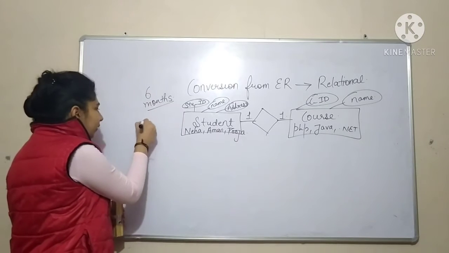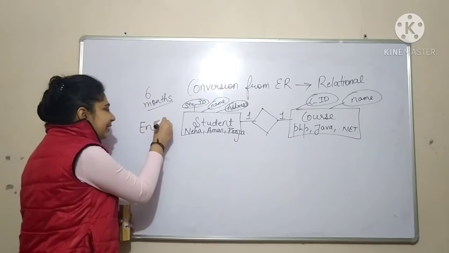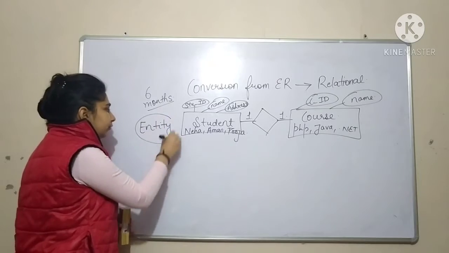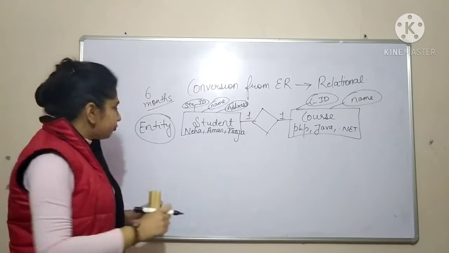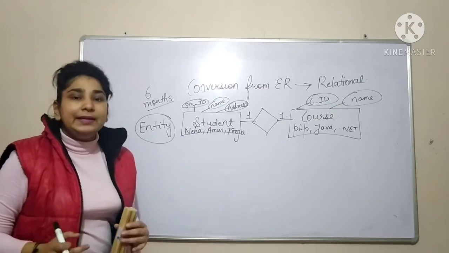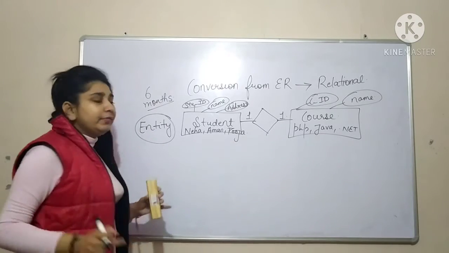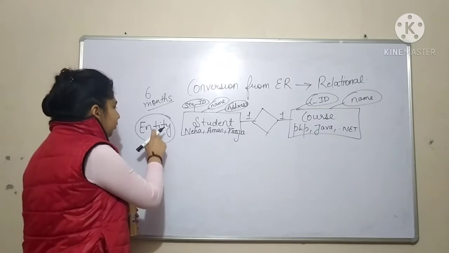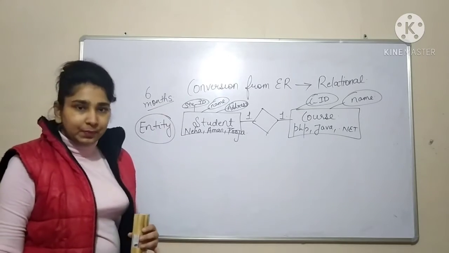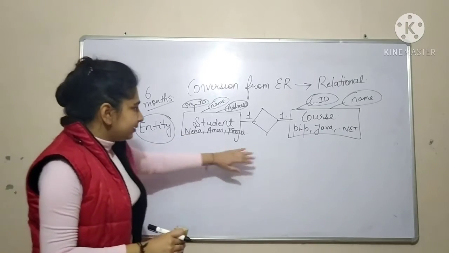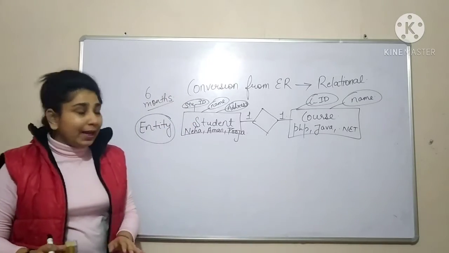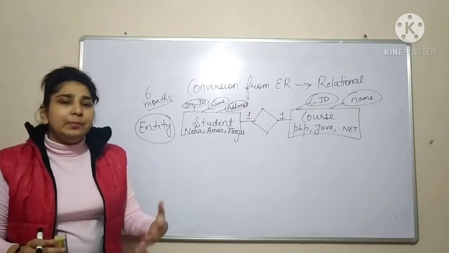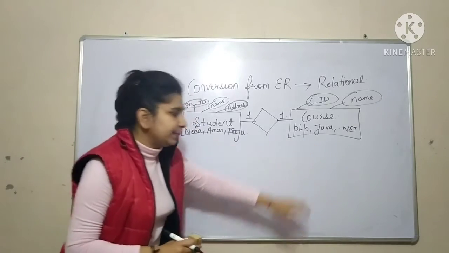I already told you that for each and every entity, either strong entity or weak entity, we would have one table for one entity. In this case, we have two entities, so definitely we will be making two tables.